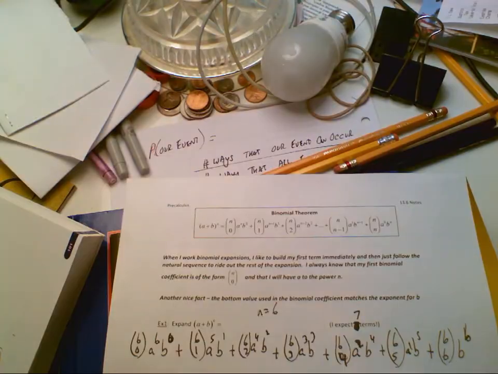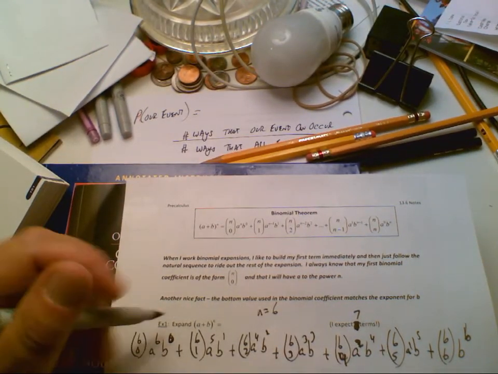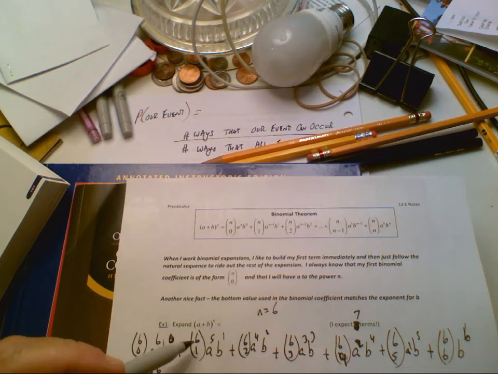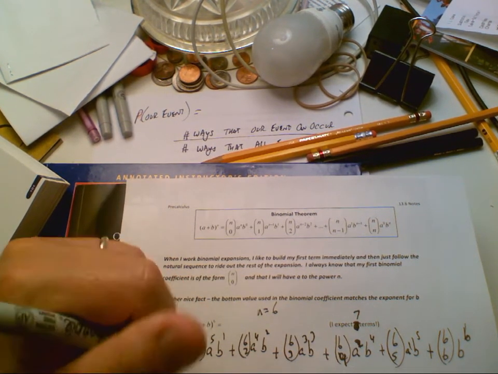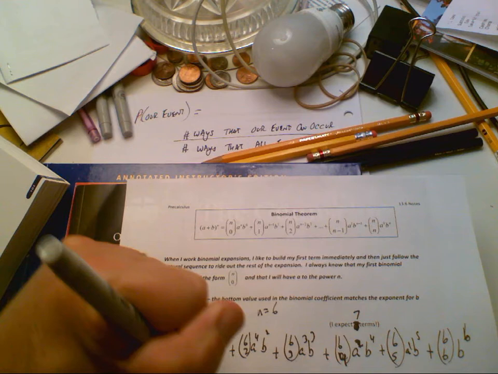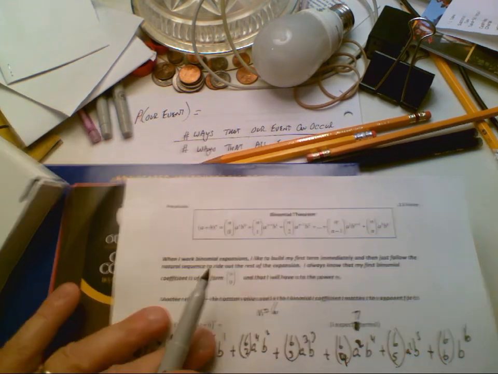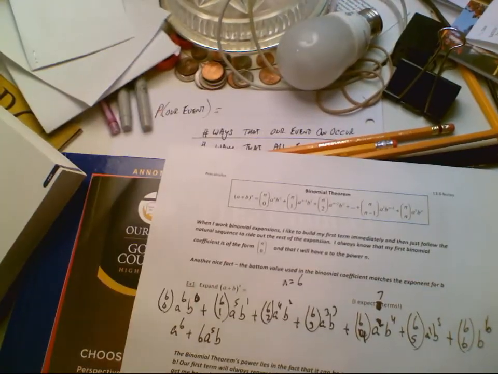So I can work my way through that very quickly. 6, 0 becomes 1. That first term is simply a to the 6th. 6, 1 is 6, plus 6 a to the 5th b. 6, 2 is 15. What comes next?